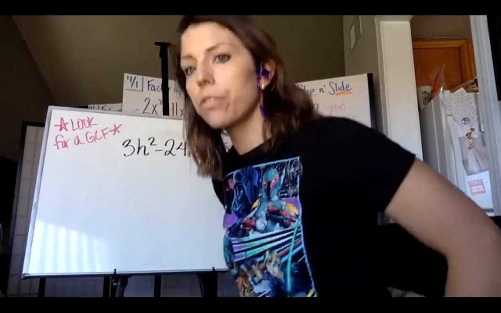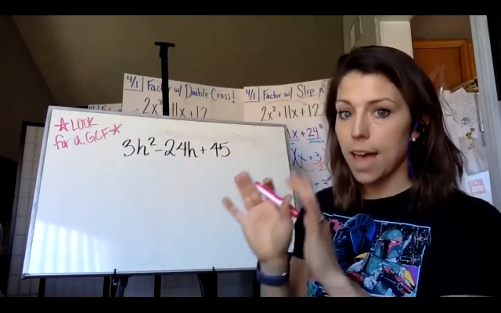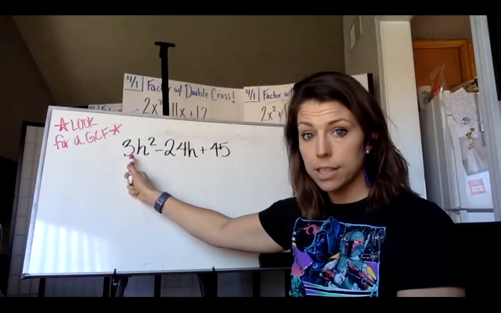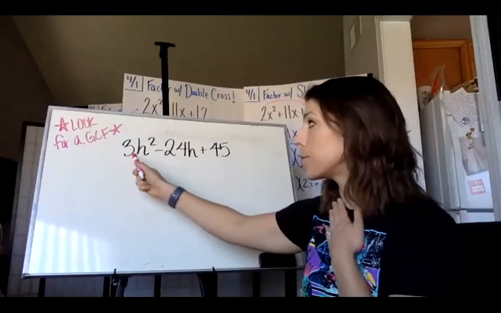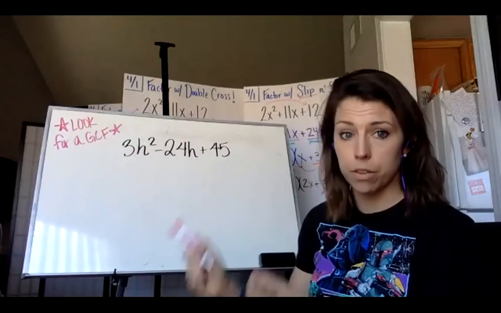That becomes your first step going forward. So essentially, that means start testing whatever's out in front. Does that number also go into the other two terms? I happen to know that yes, 3 does go into 24 and 3 also goes into 45.